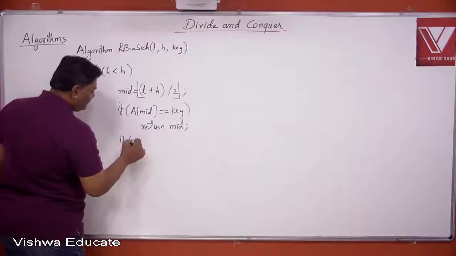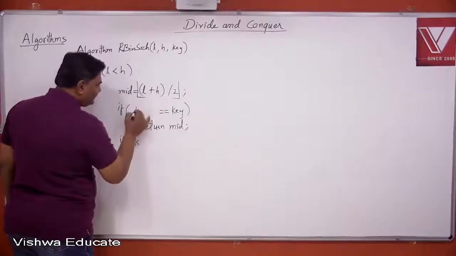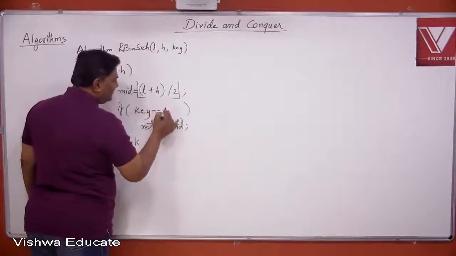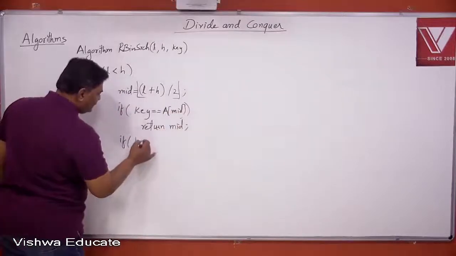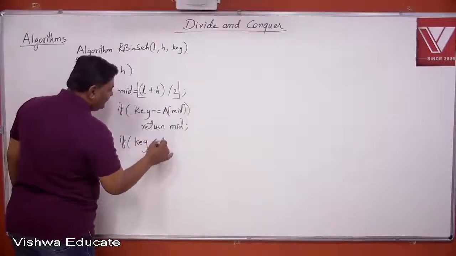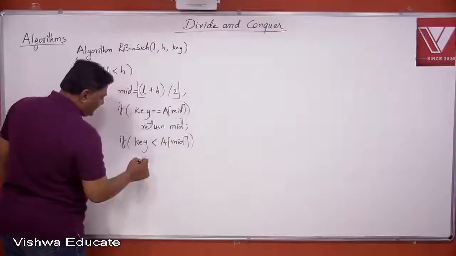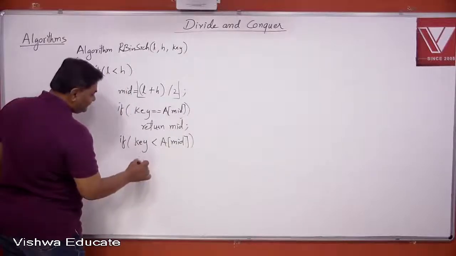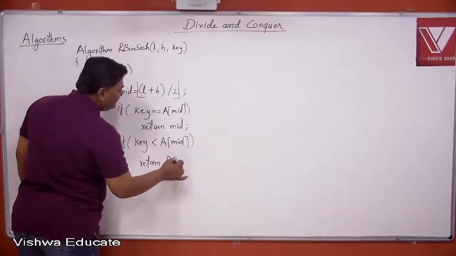If key is less than A of mid, I should have written key first, that is easy for reading, so every time I'll write key. Key less than A of mid means key is on the left hand side. Then we will call recursive binary search again with a return statement.